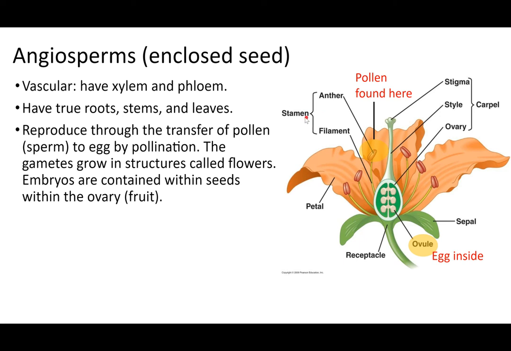The stamen, and I can remember that this is the male reproductive part because it has the word men. The stamen is made up of two parts, the anther and the filament. So the anther is where the pollen is actually found.